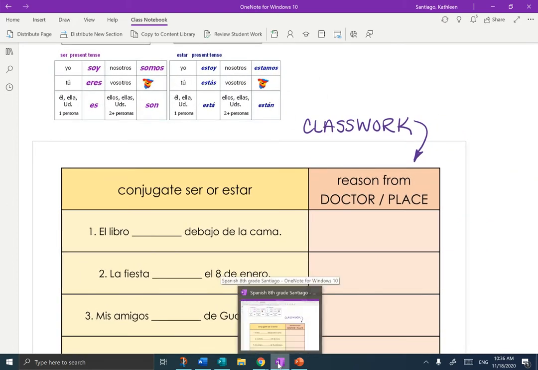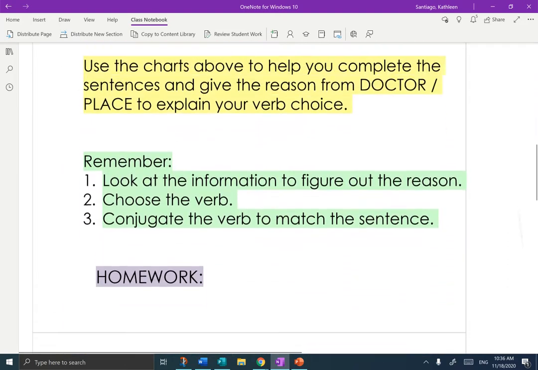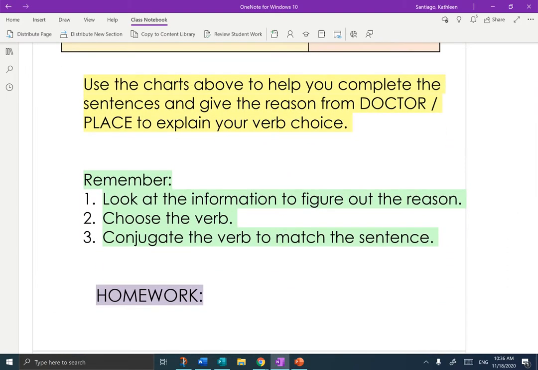Okay, so as I'm reading through, remember the instructions are actually here below. It says, use the charts above to help you complete the sentences and give the reason from DOCTOR or PLACE to explain your verb choice. Remember, this is a three-step process and it's a little bit backwards.